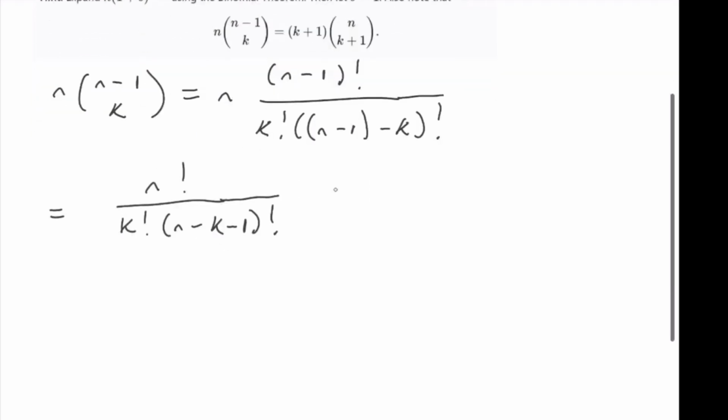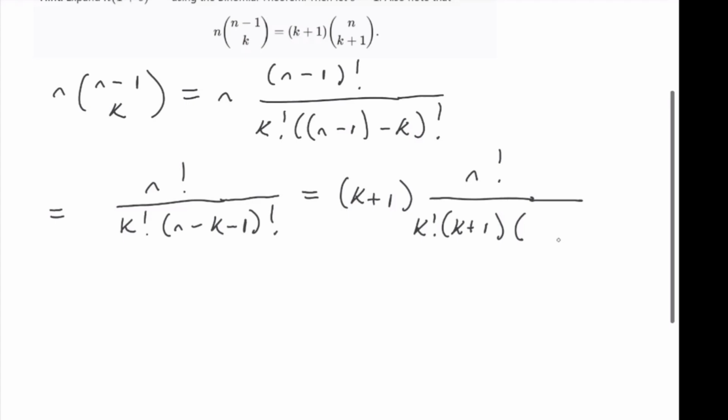Okay, so we want to multiply top and bottom by k plus 1, because we want the k plus 1 factorial here. So this is equal to k plus 1 times n factorial over k factorial times k plus 1, times, and we can rewrite this as n minus k plus 1 factorial.